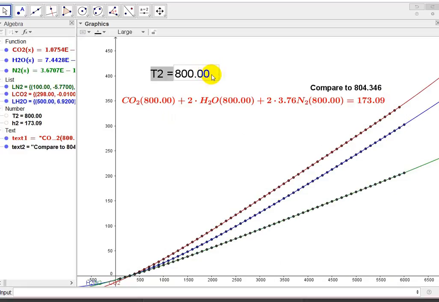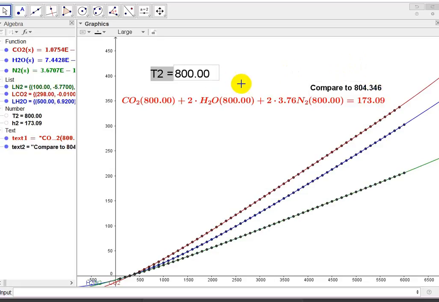If I punch in 800 degrees, I look at this, my first integral, my second integral multiplied by 2, of course, my third integral multiplied by its coefficient, and I'm going to compare it to that 804.346 that we had. That's that Q minus reactants.